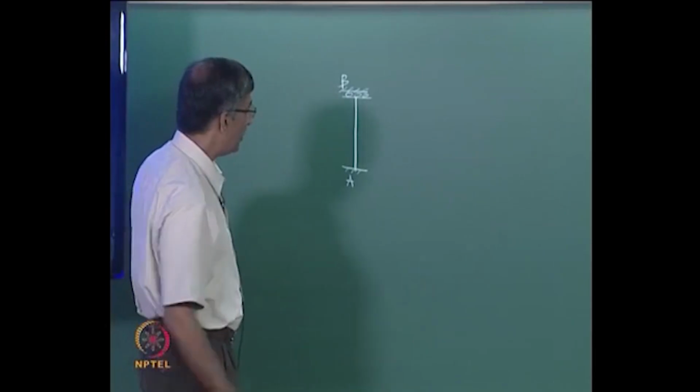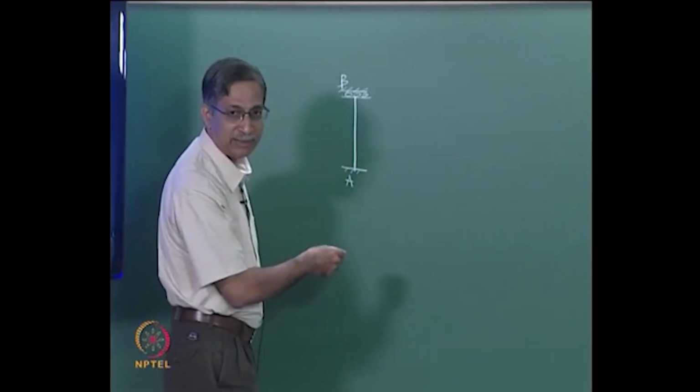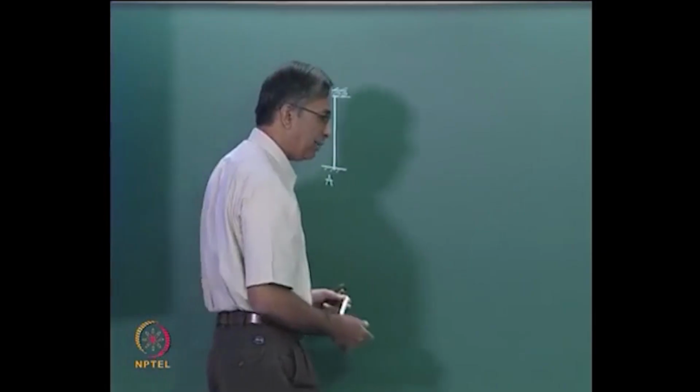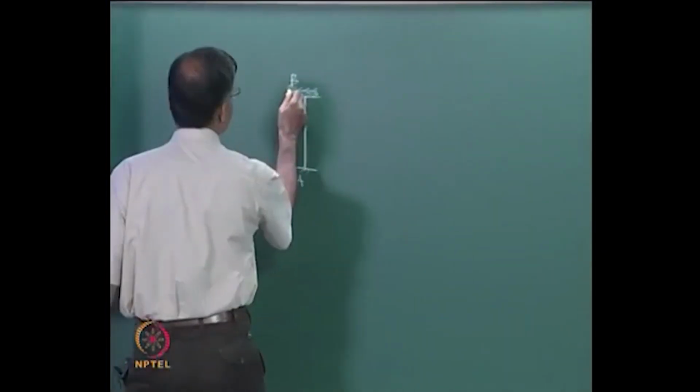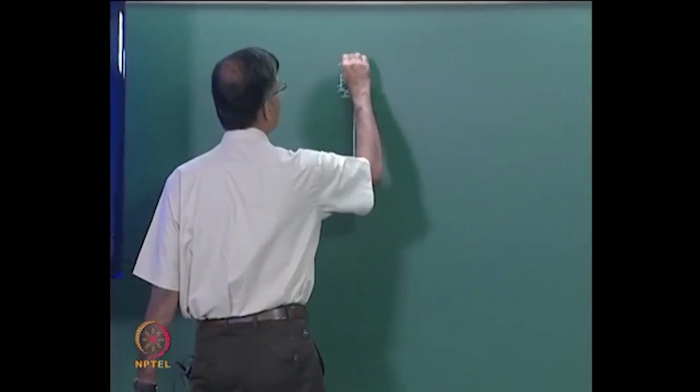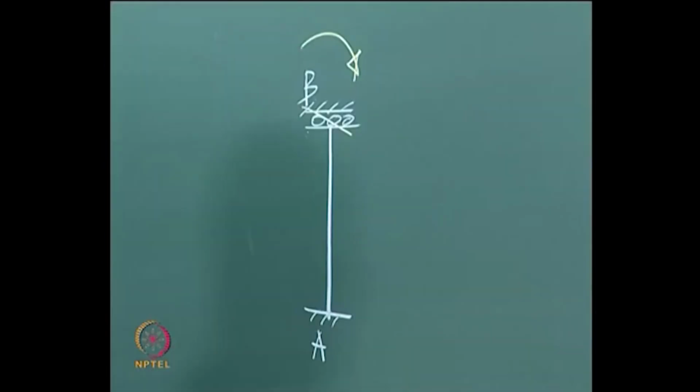Now we are allowing theta B to take place. So when you allow theta B to take place, you are letting this undergo a rotational slip, which is as good as applying a moment, right? You will get the moment as a reaction.